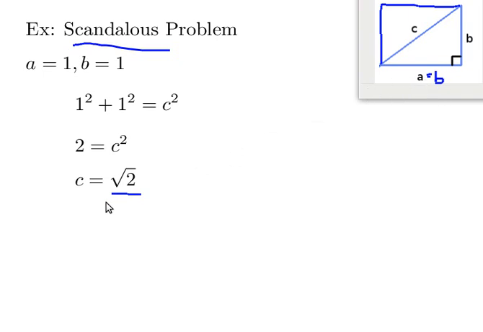And they found that it's equal to the square root of 2. But you can't express the square root of 2 as a ratio of two whole numbers. So that was kind of a threat to their faith. It was a scandalous thing to think that the square root of 2 can't be expressed as a ratio of two whole numbers.